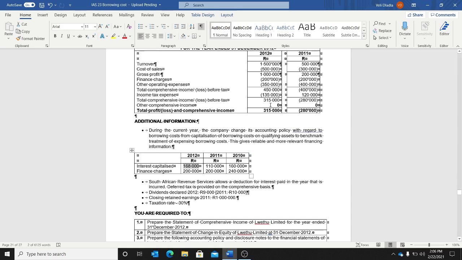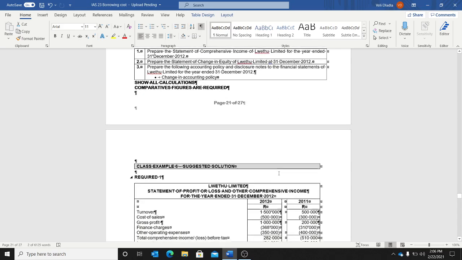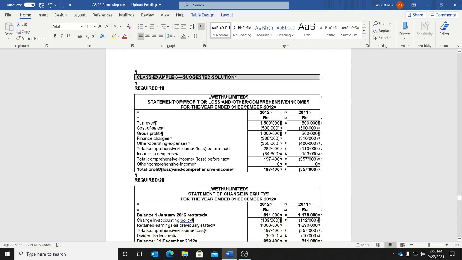See this tax, it must decrease by 30% of this. Let's minus 50,400 from 135. 50,400 minus 135 gives me 84,600. There we go.